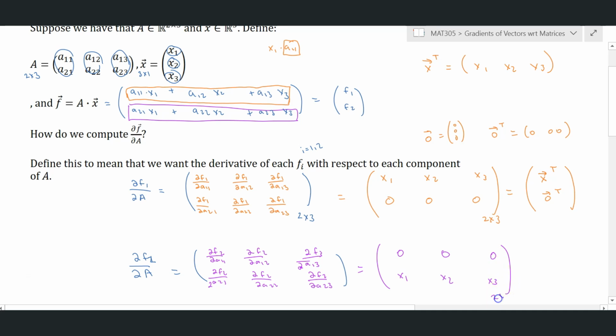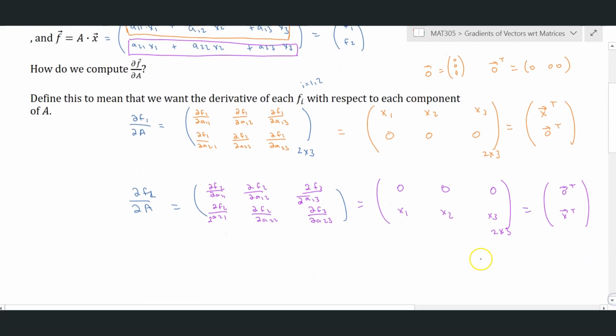So notice that we get another 2 by 3 matrix here, and this one we could write as the 0 vector transposed in the top row, and then the x vector transposed in the bottom row. So there's 2 functions, each of which has its derivative resulting in a 2 by 3 matrix.